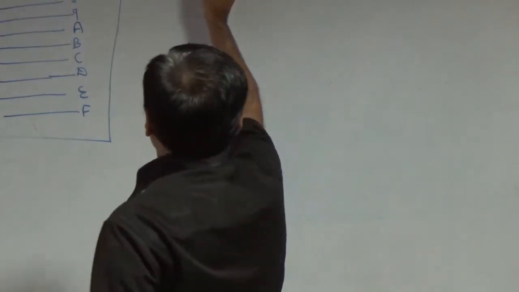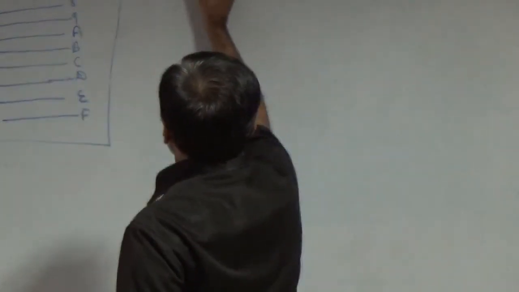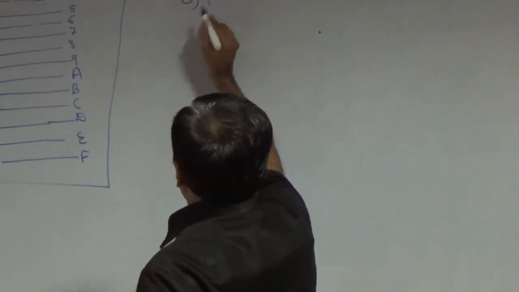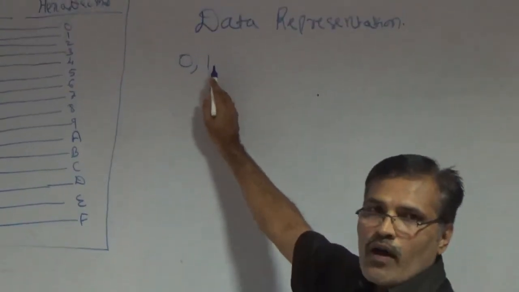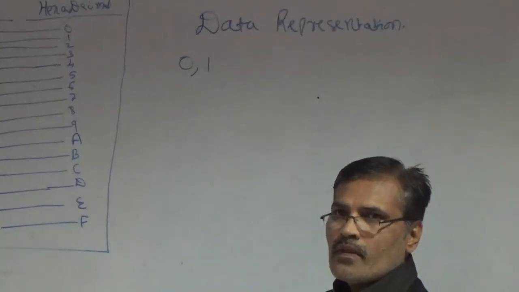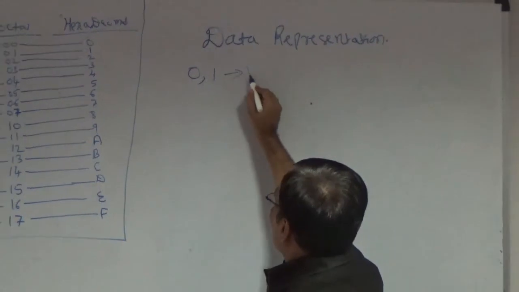This clearly tells us that computer hardware understands only two symbols, 0 and 1.